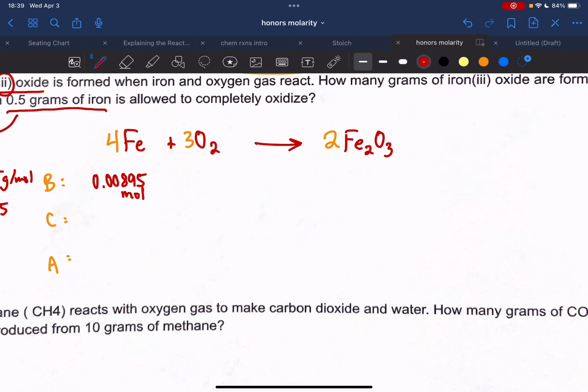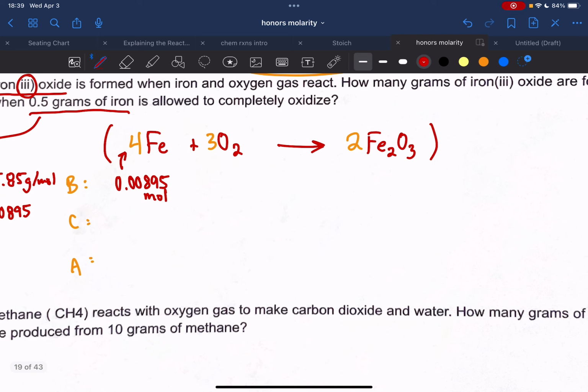I will divide that number by 4 this time. That gets me how many times I'm doing this reaction. So this is going to be 0.00224.